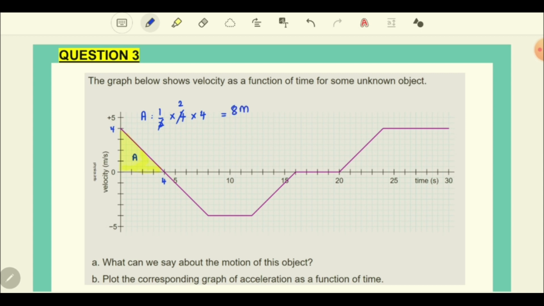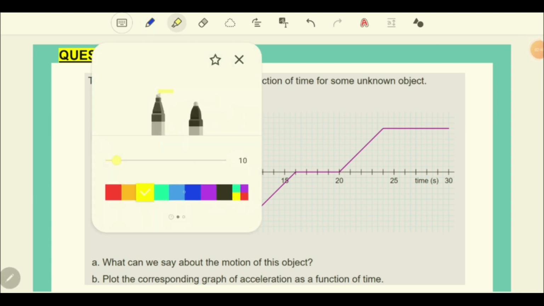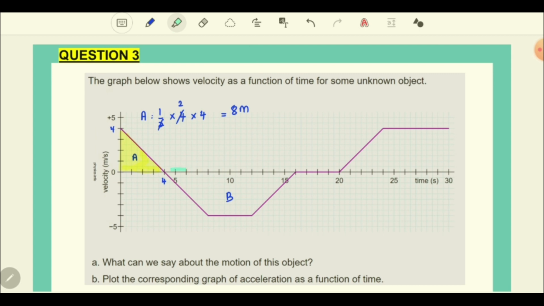Okay, and how about point B? So this is point B. So area B, okay, it's a trapezium. We want to find this one. So this is a trapezium shape, but remember it's a negative, right? So area B, we want to calculate half times, so it goes from 4 to 16.